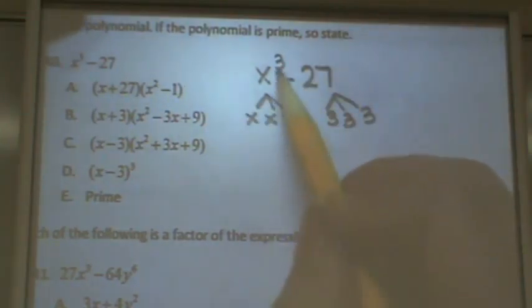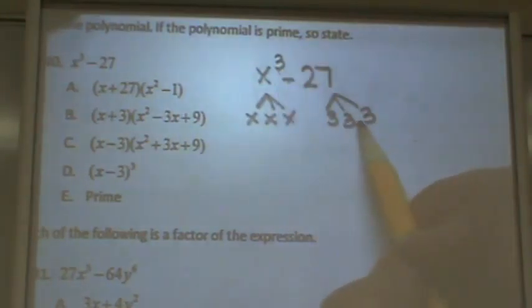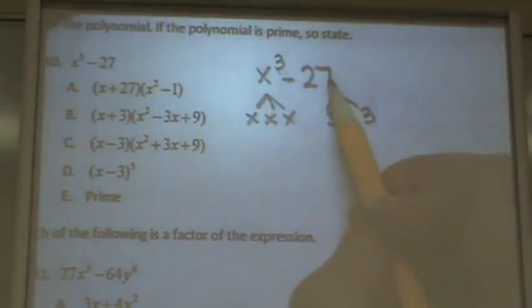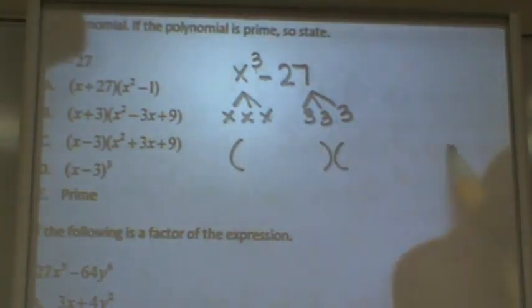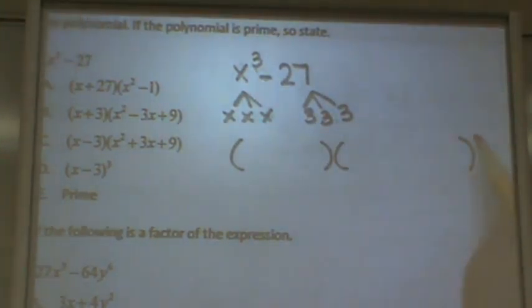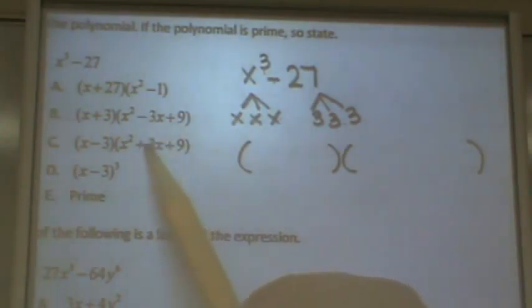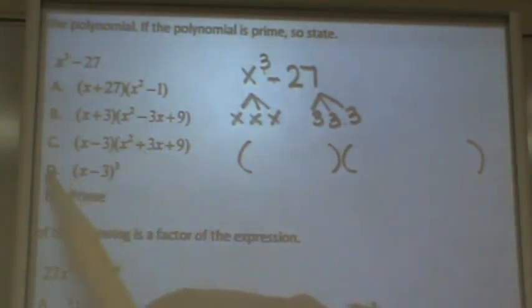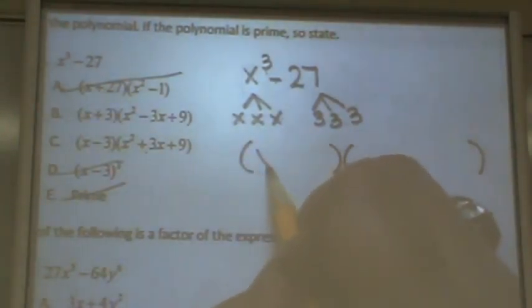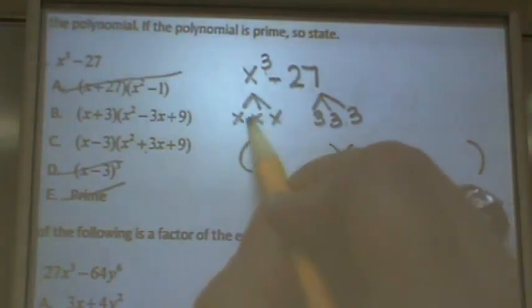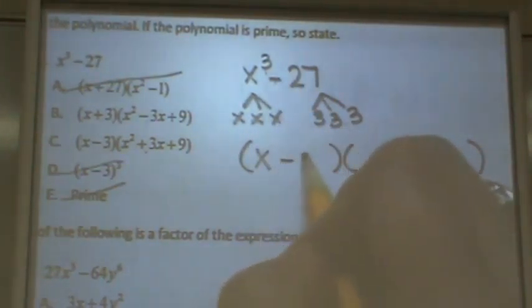Because 3 of the same number multiply to give me x cubed, and these three numbers multiply to give you 27. So this one ends up being a binomial and a trinomial. So hopefully if you remember that, you should already say it's got to be B or C, not these, based on what we did in class. So what you're going to have is a binomial. You take one of each of these and this sign.